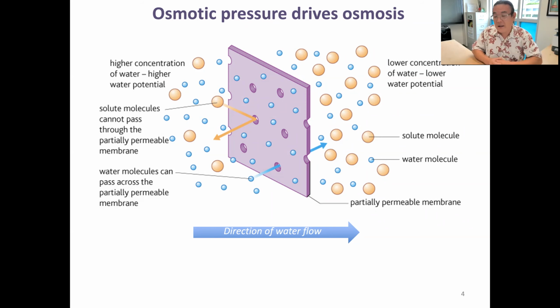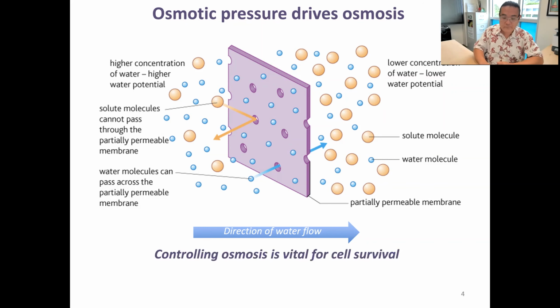But the thing you have to keep in mind is that, yes, the water molecules will want to flow from left to right in order to even out the number of blue water molecules on either side of this. What does that mean? That means the volume on the right has to increase in order to accommodate the water molecules flowing in.